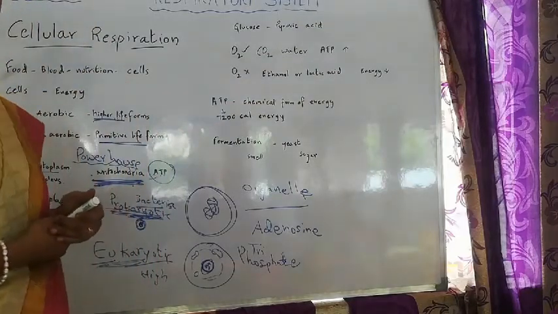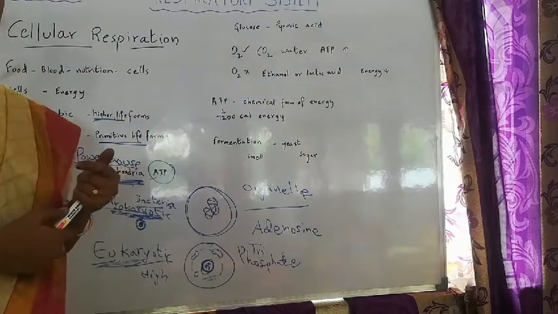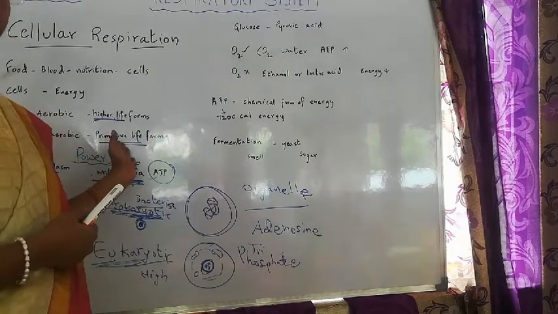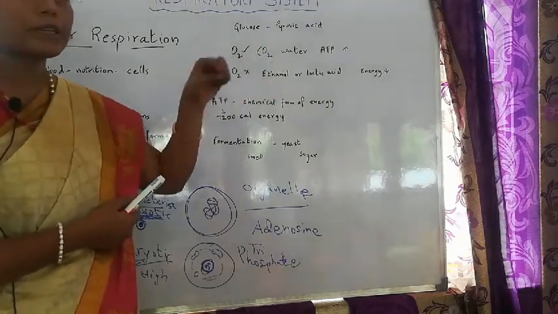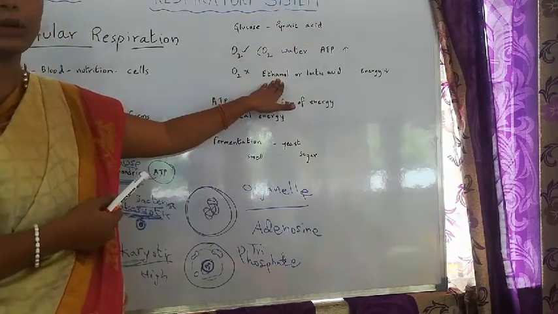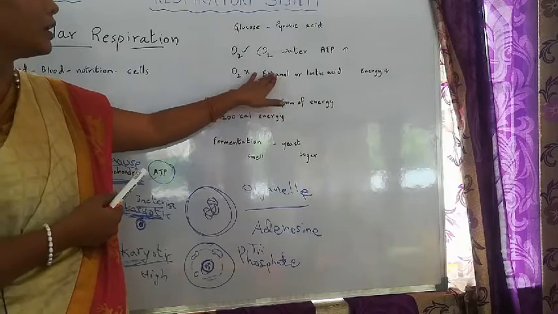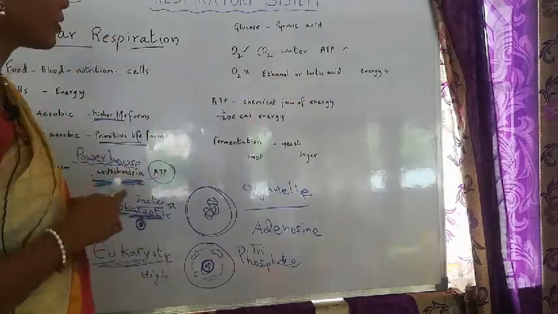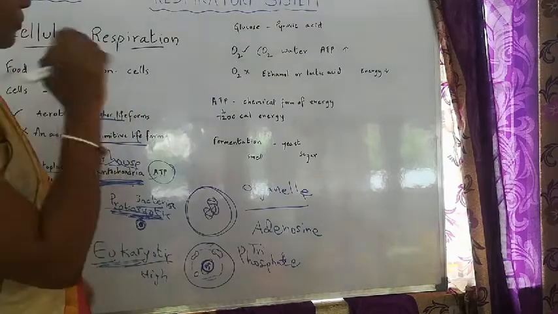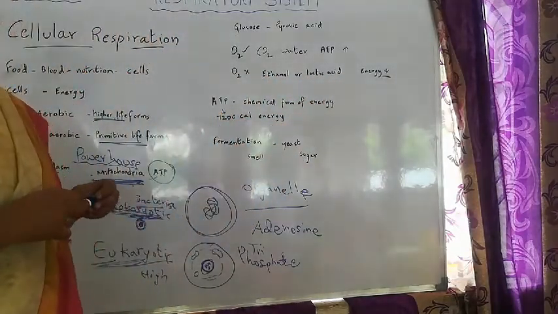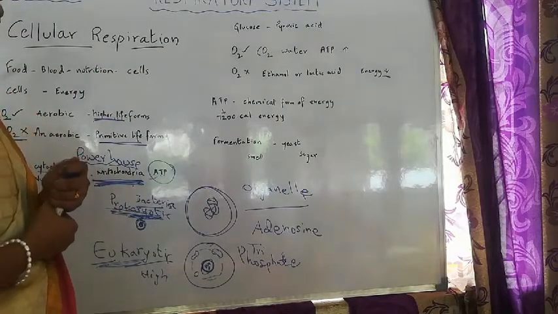If it is a yeast, yeast is also a microscopic primitive life form, pyruvic acid gets converted to ethanol, no oxidation here, okay, ethanol, and energy is also released. But see the arrow mark, very little energy is released here.